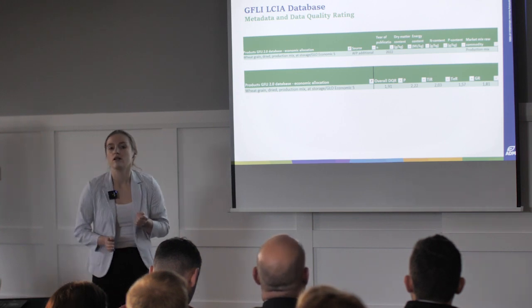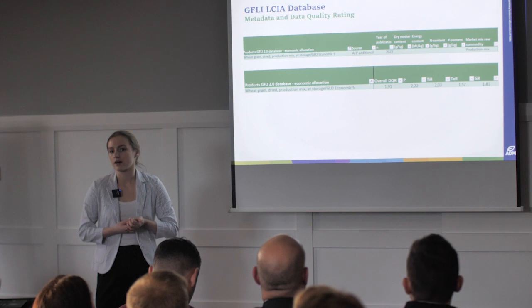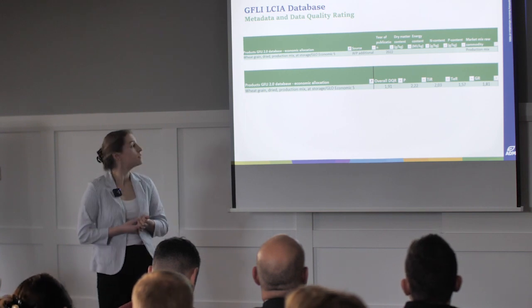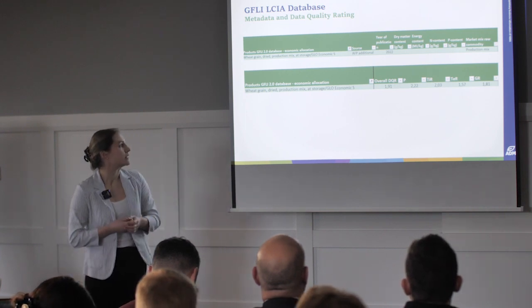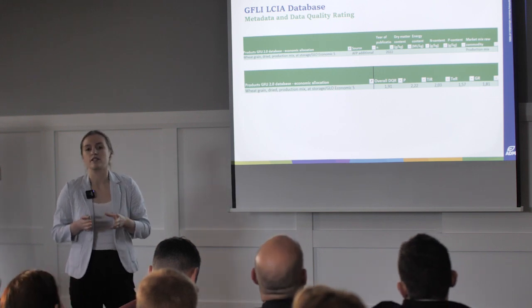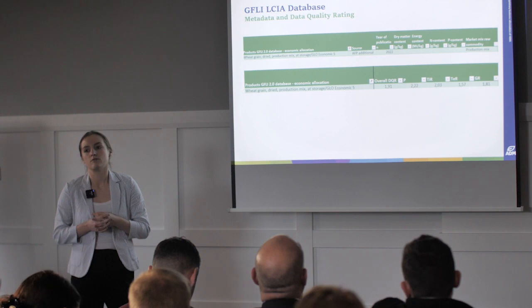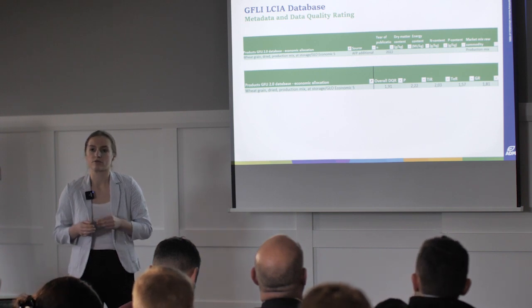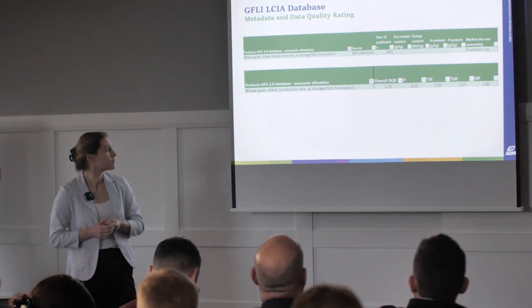So another thing to be aware of is the DQR, the data quality rating. So in the same tab, you will see that there's an overall DQR for every data set, which consists of 4 different parameters.